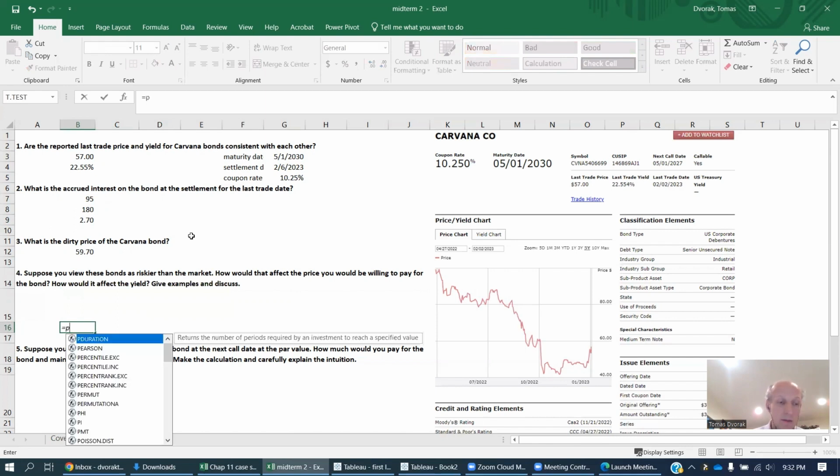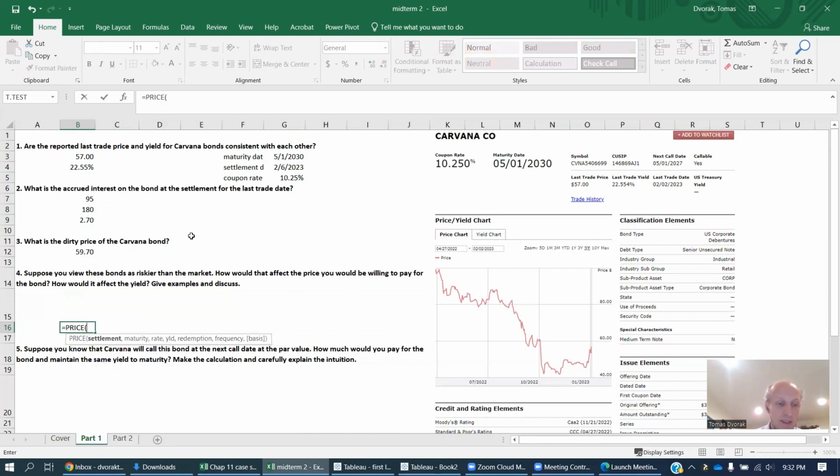I can show that if I calculate price at the settlement date, given this maturity date, given this coupon yield, and let's say I require 25% instead of just 22% yield. The redemption is 100, annual, 0, and I'm going to pay only $51 or $52, round numbers speaking, instead of $57. So clearly, if I view the bond as riskier, yield goes up, price goes down.